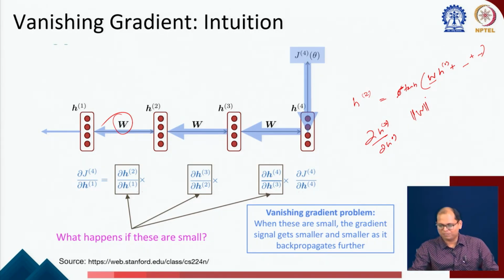So you may have W to the power 4, 5, as per the number of steps. It may not always be 1; it may become larger than 1, or less than 1. If it becomes larger than 1, this is called exploding gradient. Just to keep it simple, this becomes exploding gradient.